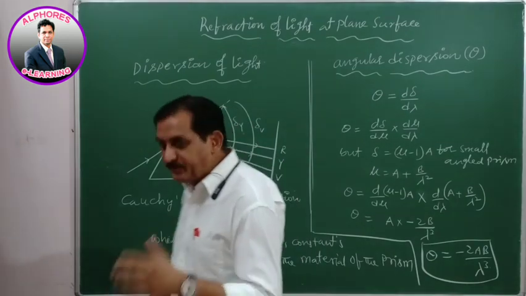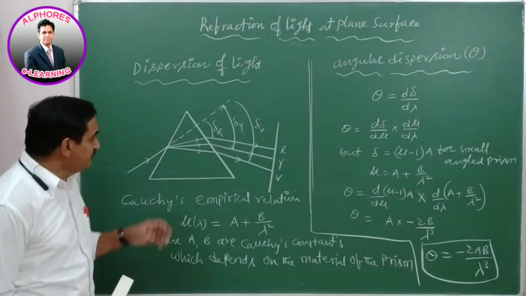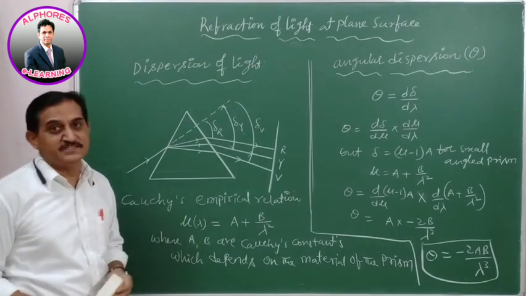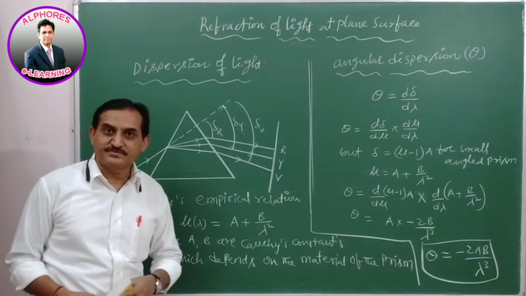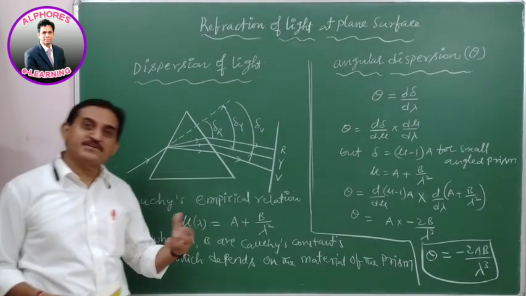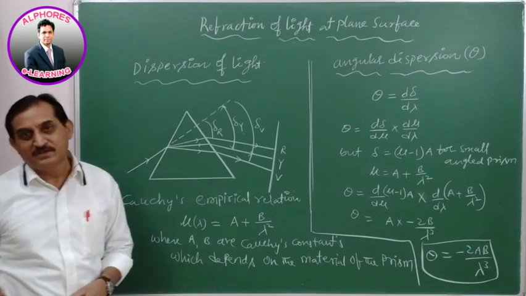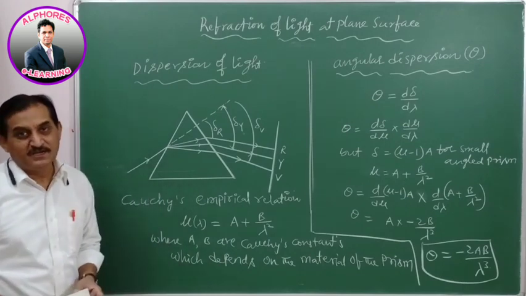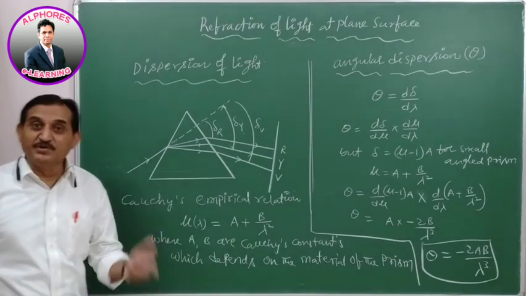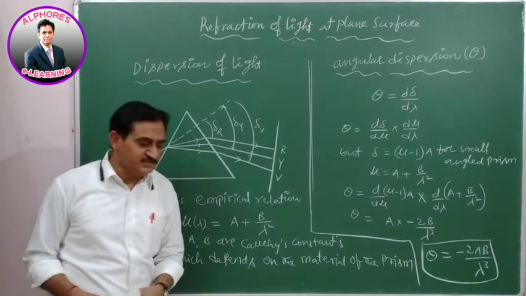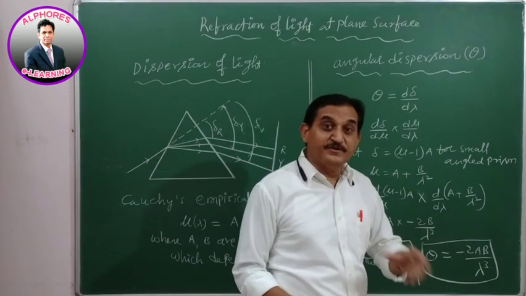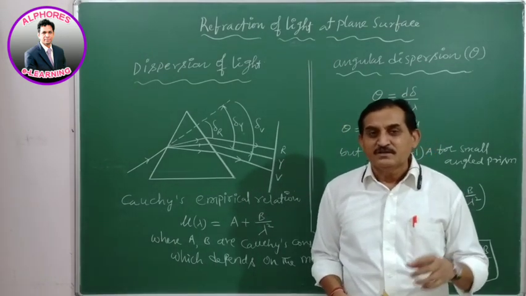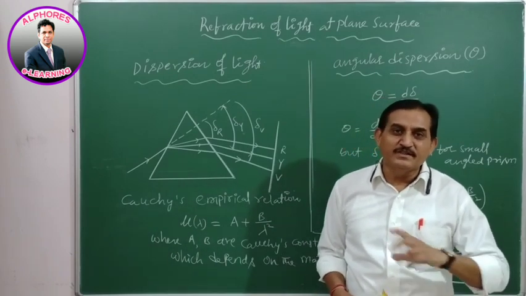Because of these different wavelengths, the prism material provides different refractive indices for different colors. Red will have its own refractive index for the material of the prism, yellow is different, violet is different, indigo is different. The refractive index is not common for all these colors.